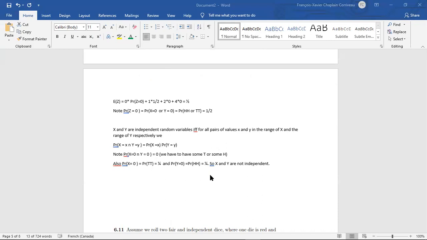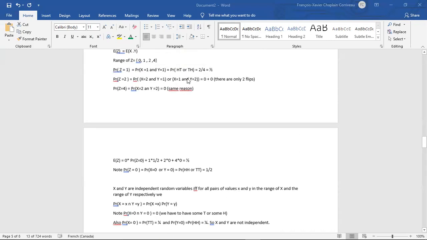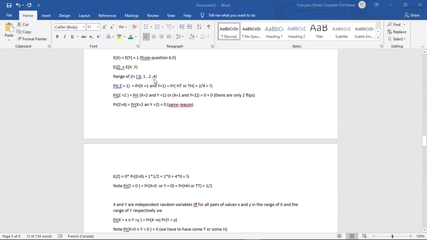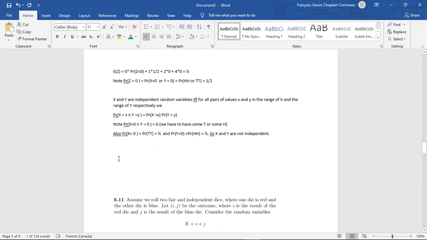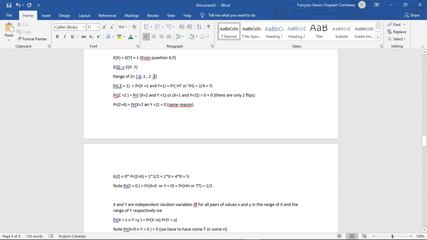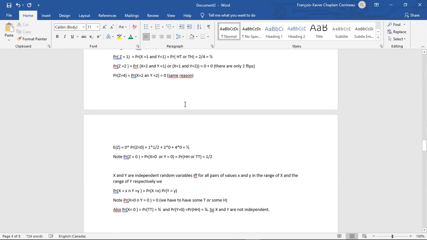Yes, exactly. So remember, z can be 4. And if z is 4, then x has to be 2. So that is really the good counterexample to think of.